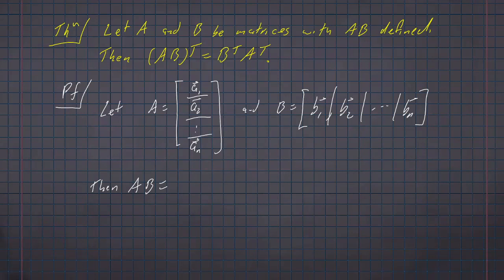And of course, using the definition of matrix multiplication, you take each row of matrix A and dot it with the vectors that are the columns of matrix B. So we get A1·B1, we get A1·B2.